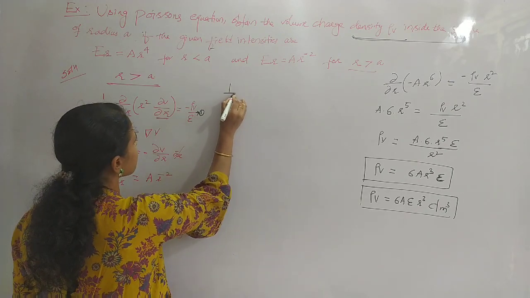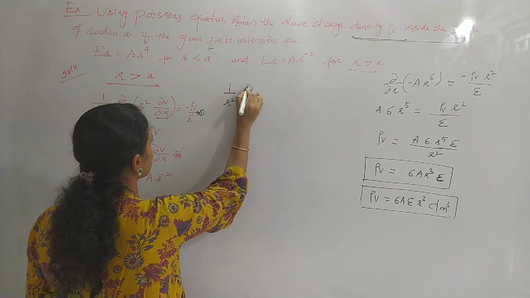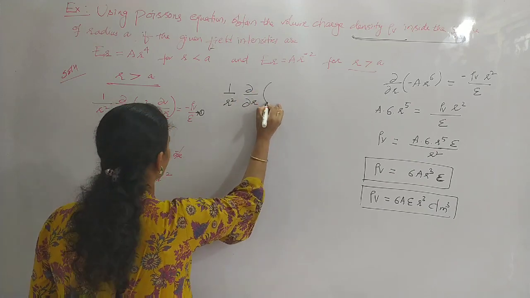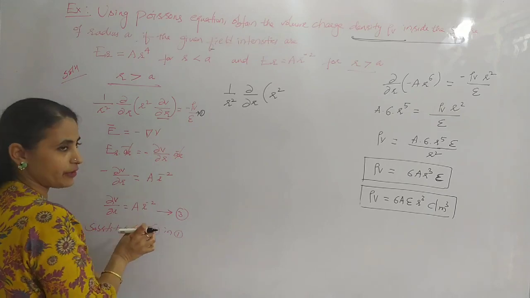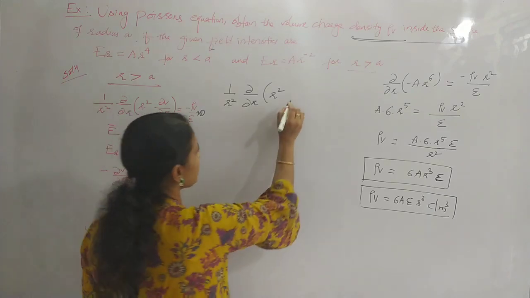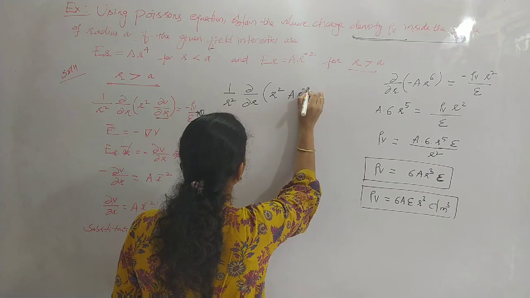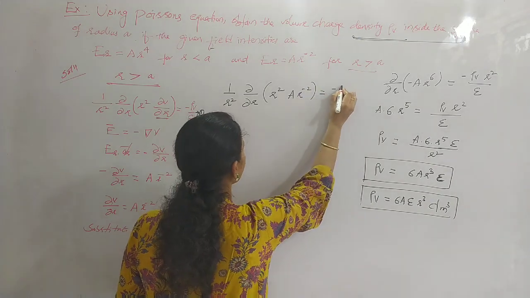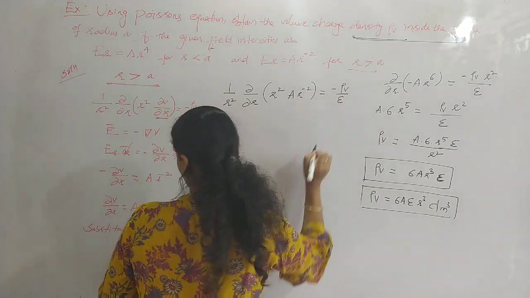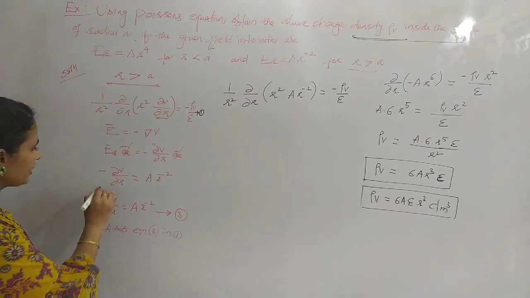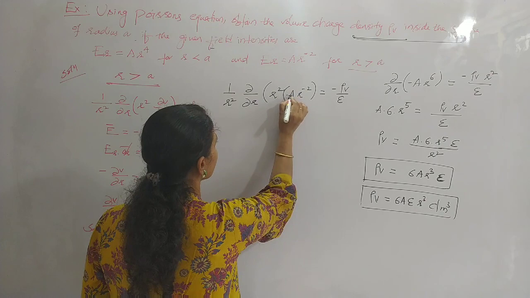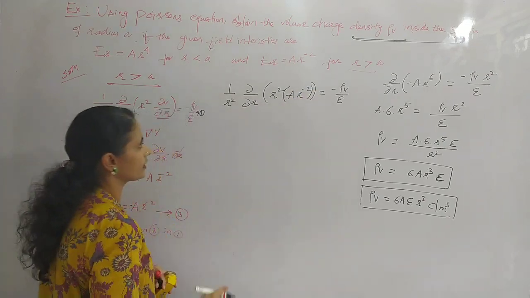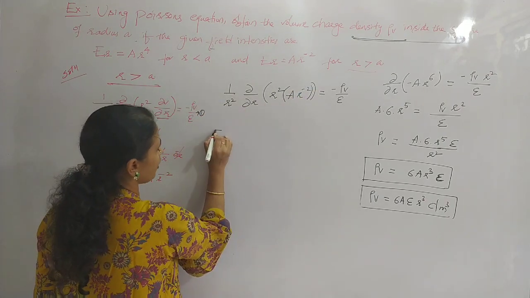So it is written as 1 by r square dou by dou r of r square into dou v by dou r. From equation 3, it is a r power minus 2, which is equal to minus rho v by epsilon. Here we have a minus value, here we have a minus value, so I'll take the minus common.